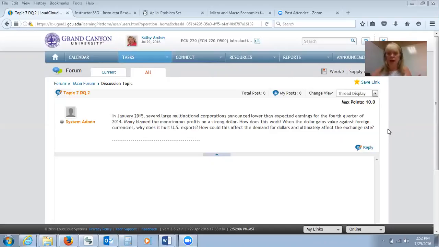They supply their currency and they demand U.S. dollars. So the demand for dollars increases, as does the supply for their currency. When the demand for U.S. goods and services is high, that means you're going to have an increasing value to the dollar.